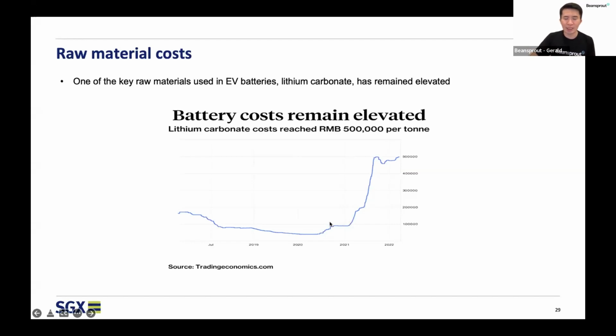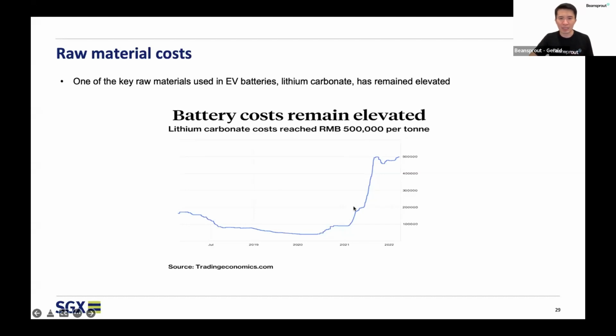But what has changed since 2021 is that we saw a very sharp spike up in the price of lithium. So this is probably like a chart that you see for a lot of different commodities, but maybe to a lesser extent, you might not have seen such a sharp increase in the price of, say, Brent crude oil or copper.